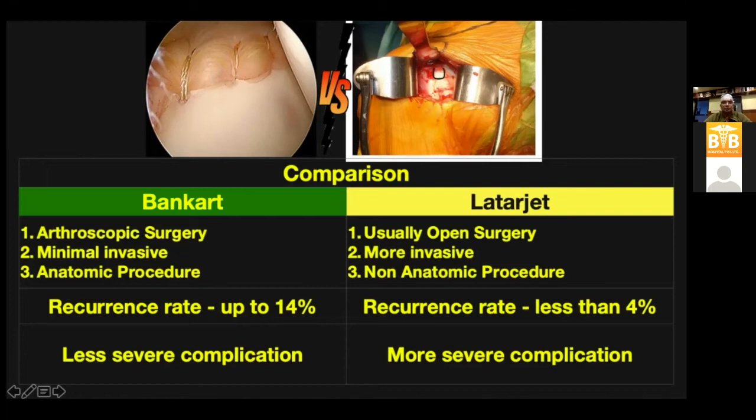But the complications of Bankart repair are always less severe, minor complications, whereas the complications of the Latarjet procedure are very, very severe. And that is why many people fear doing the Latarjet procedure as a primary procedure. So in most places, the Latarjet procedure is done if there is a failure of the arthroscopic Bankart repair.